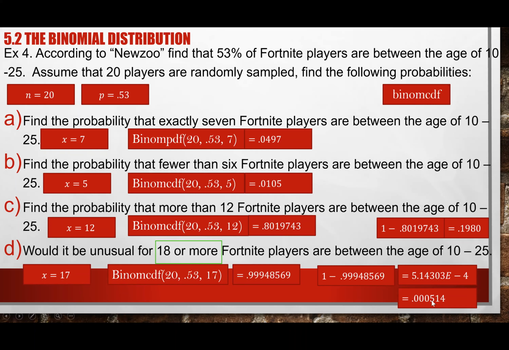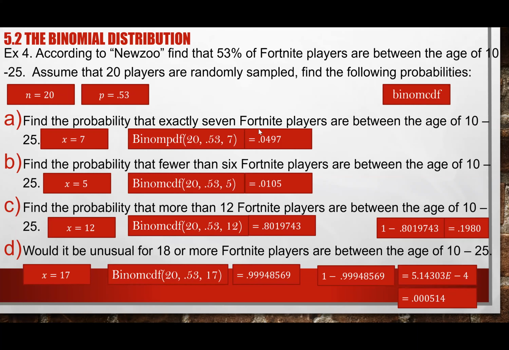Is this probability less than 5%? Yes. So we say that it's very unusual, because it's very, very small. This is 5 out of 10,000, so it's not even 1%, right? So again, yes, this is unusual.